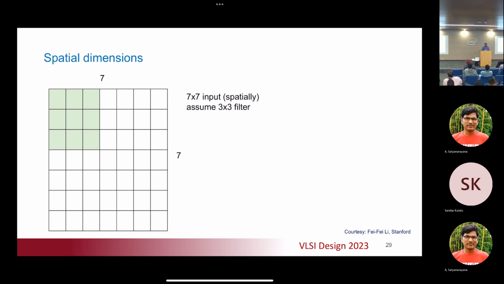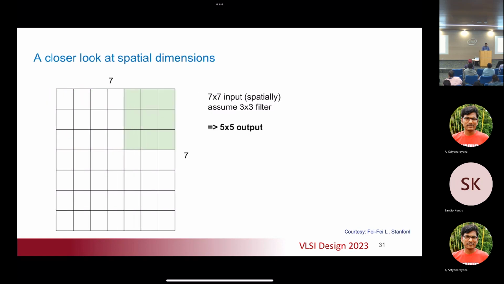So now I'll talk about complexity, talk about kernel function, and talk about acceleration. So we just understood what is the basic convolution process. And let's think about complexity. So suppose my image is 7 by 7, and I put a 3 by 3 filter. I first put the filter here, and then I'm going to shift and put the filter there.